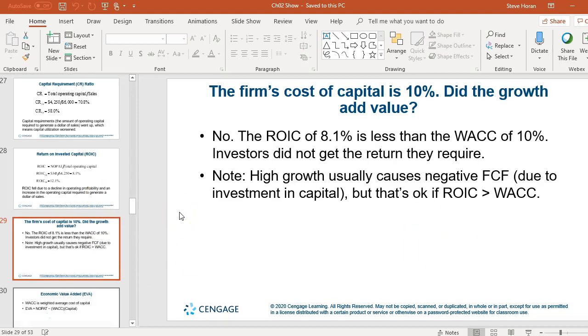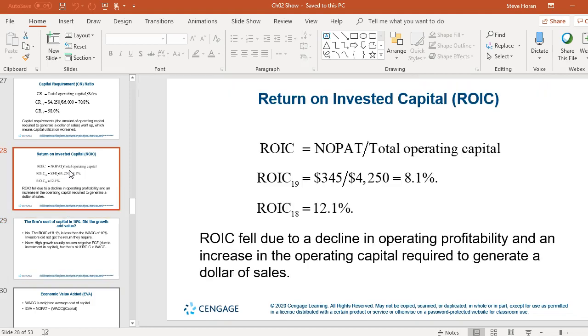And the firm's cost of capital is 10. Did the growth add value? In fact, it did not. Ideally, if you make investments to grow your company, you want that growth rate to be higher than your cost of capital. My cost of capital was 10, and in 18, my ROIC was above 10. That was good. It was 12. 12 is more than 10.